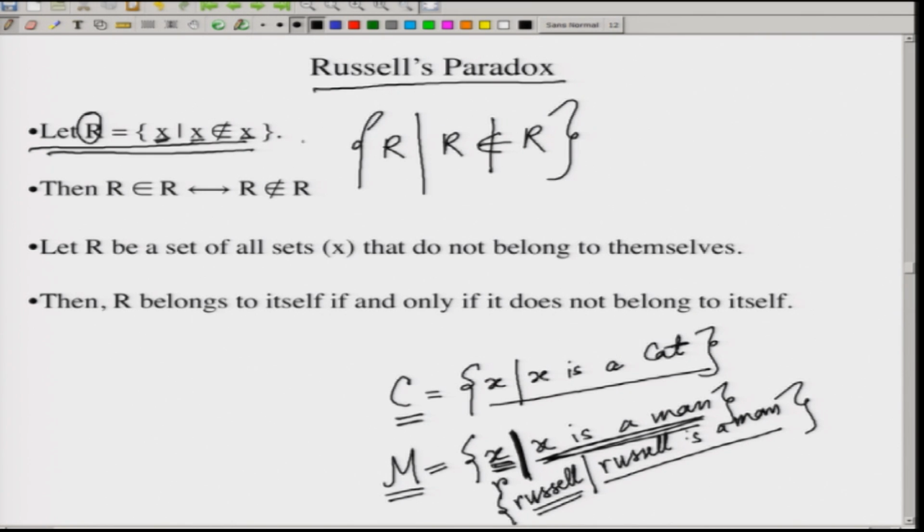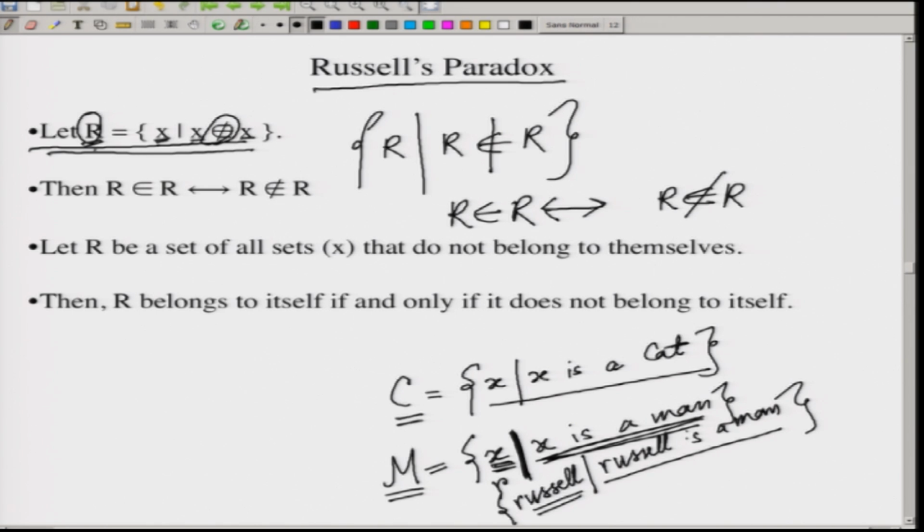Now, R is a member of R if and only if R does not belong to R, because this is the whole point of what we have written here: in order to belong to the set R, our set has to non-belong, if you call it that, to itself.